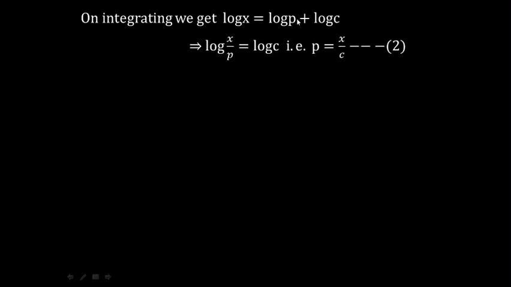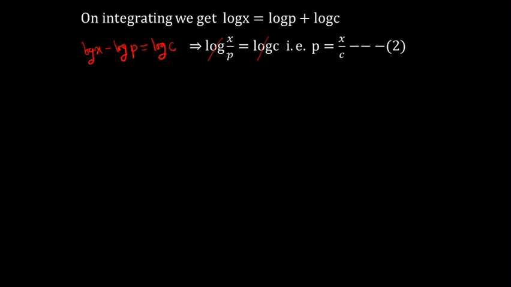Further applying the law of logarithms, this is log x minus log p equal to log c. It is in the form log a minus log b, that is log of a by b, equal to log c. Now taking anti-log, the log will get cancelled and we are left with x by p equal to c, which on rearranging gives us p equal to x by c.